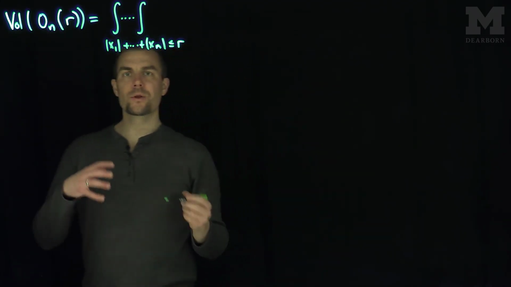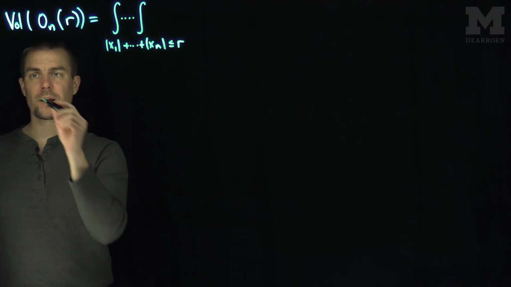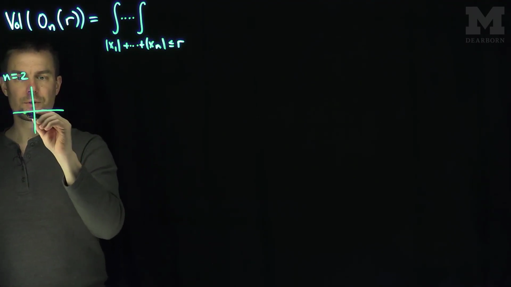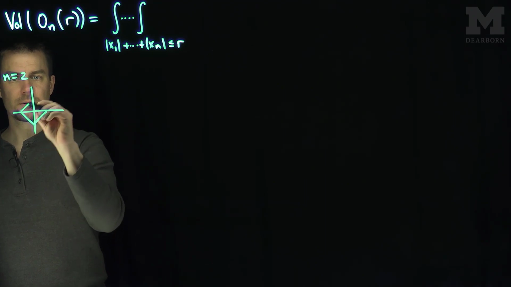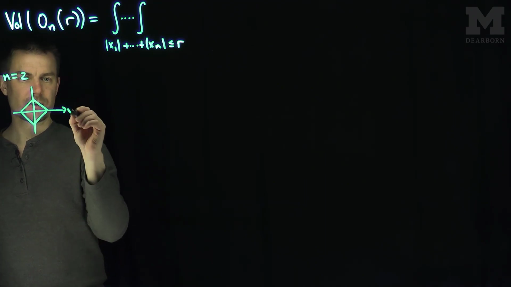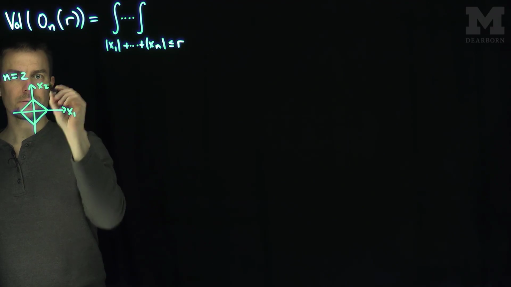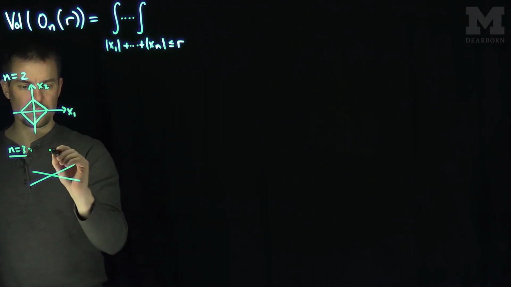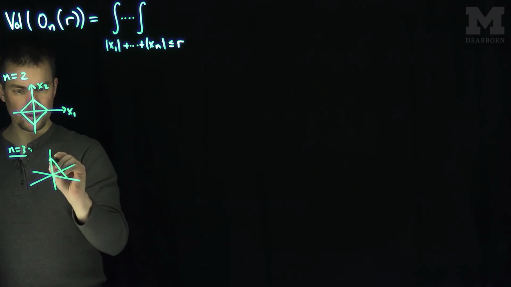So what we can note is that at least in two-dimensional space, so if n is equal to 2, what does this region look like? And this region looks like this shape over here. That would be x1 and that would be x2. And if n is equal to 3, this is exactly just the traditional octahedron, right? So we can draw the octahedron like so.